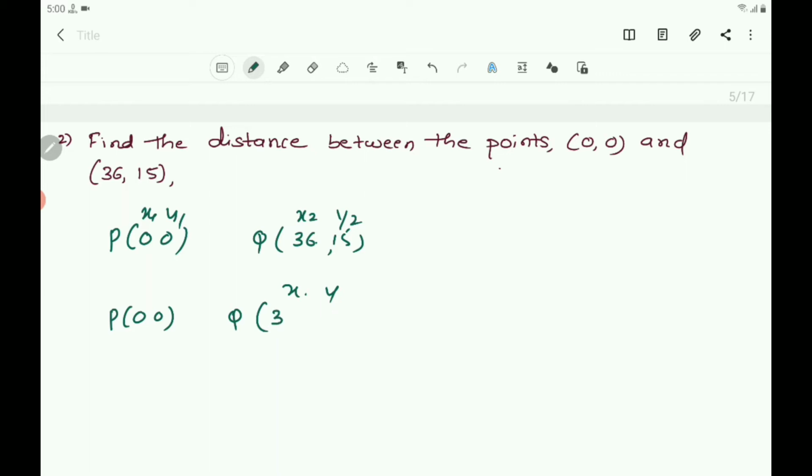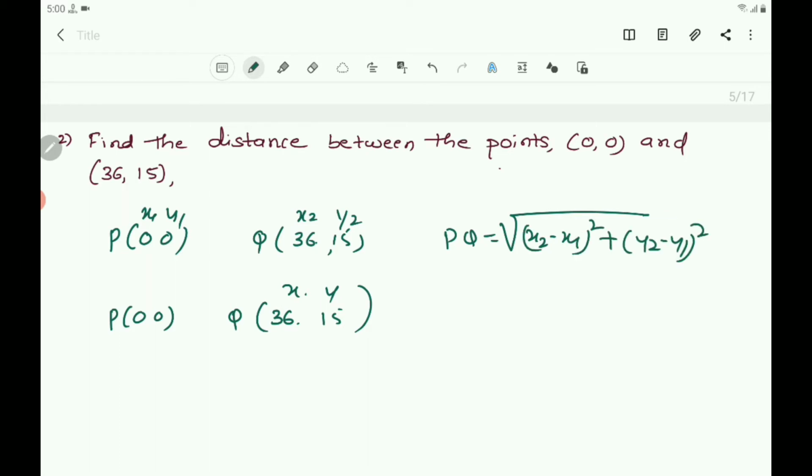So if you use x1 y1 x2 y2, you can write the formula PQ equals whole root x2 minus x1 whole square plus y2 minus y1 whole square.